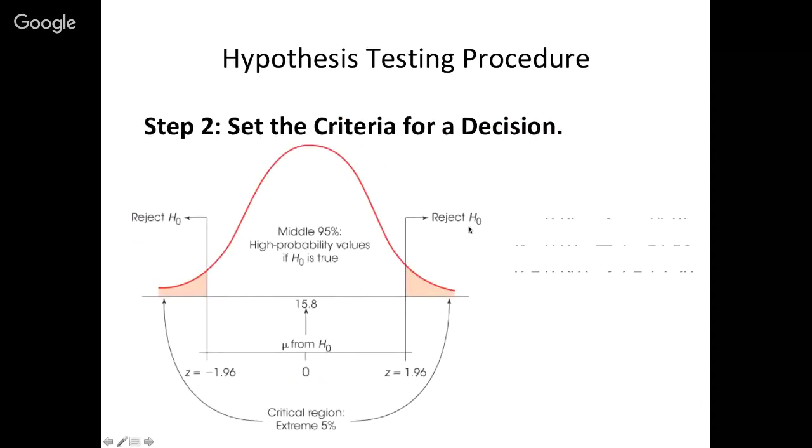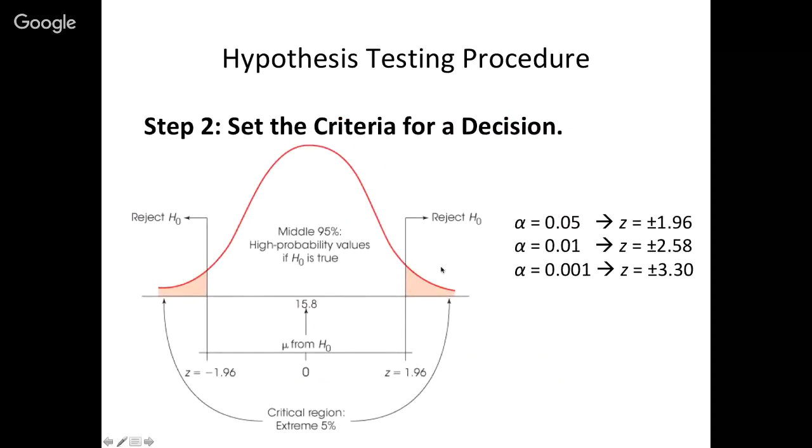So the logic is, if the sample mean falls into the critical region, the region in red, it's very unlikely we can get this sample. So we reject the null hypothesis.